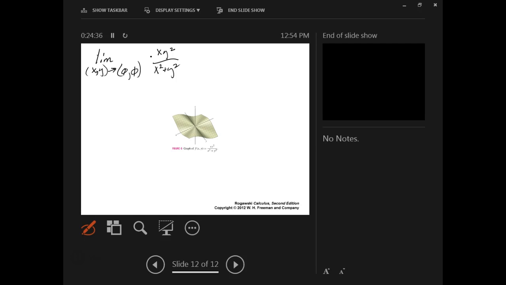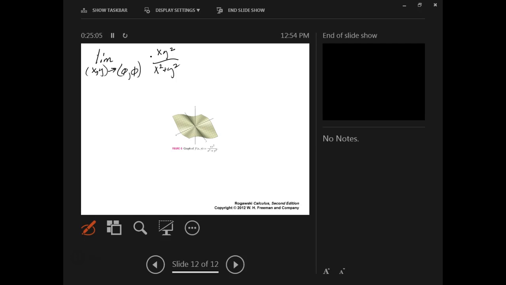Well, let's do kind of the same thing we did before. Let's come in, which axis do you want to do first, x or y? Y. So that'll be where x is equal to 0. So here's your y-axis. If x is equal to 0, this is 0 over y squared, that's 0.